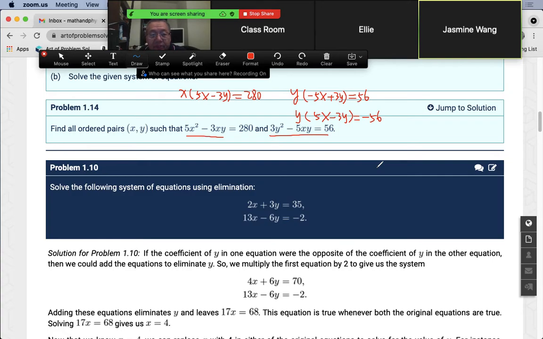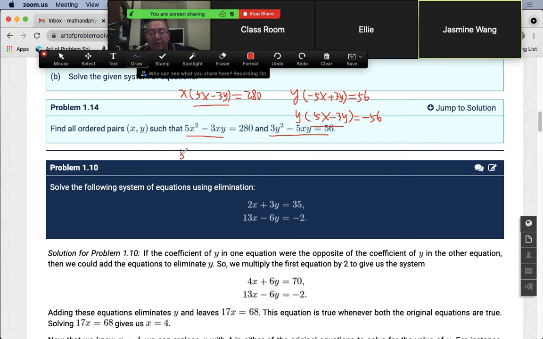Now you can see this one and this one, they are the same, right? They are the same. So therefore, we can divide both sides by x. So we get this equation.